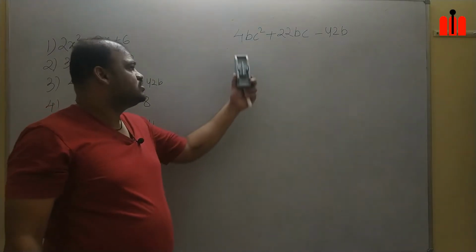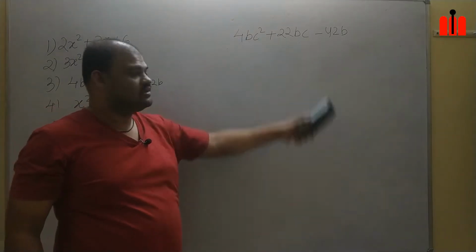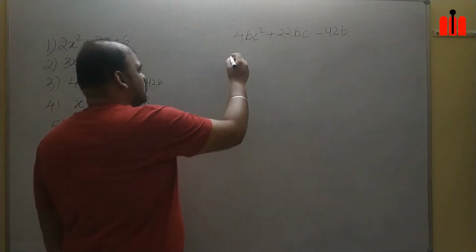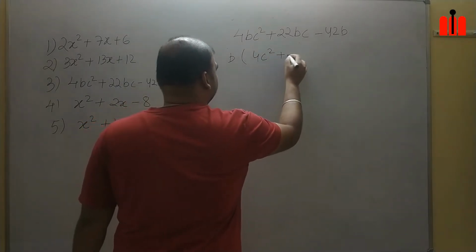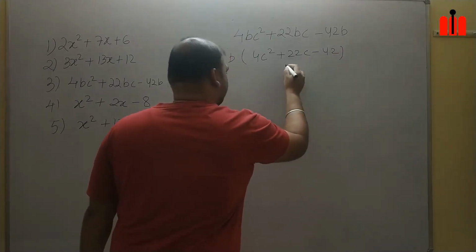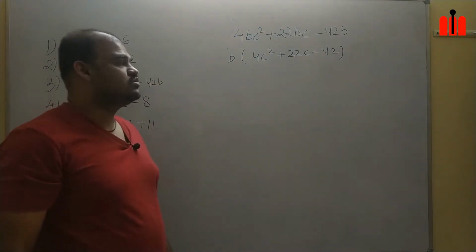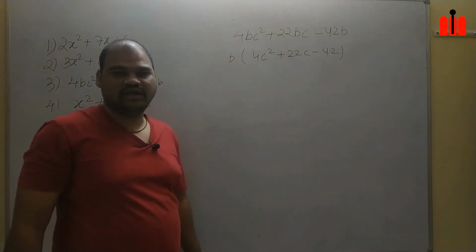Okay, b is the common thing in every term. So we can take b common: 4c square plus 22c minus 42. Now we will concentrate on this only, 4c square plus 22c minus 42.